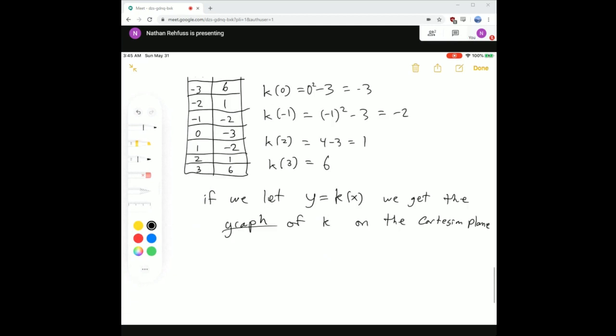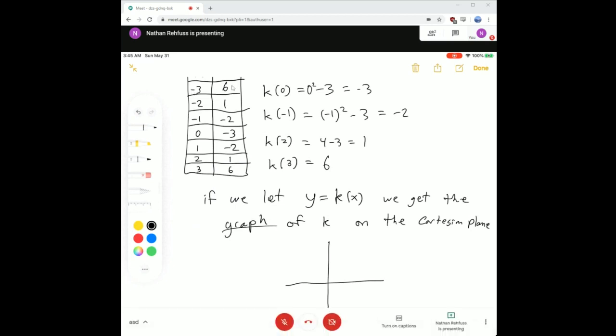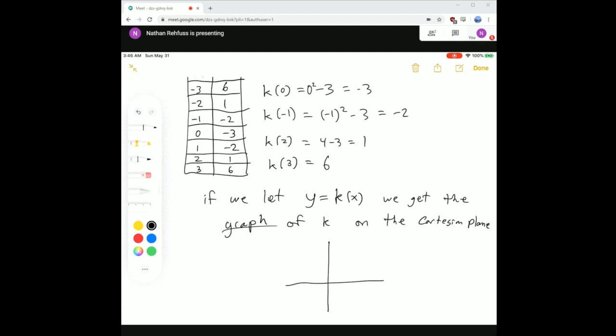So let me draw a Cartesian plane here. When x is -3, k of x equals 6. So this is going to be the x value and the y value, and I'm going to plot that on the plane. So here's -3, 1, 2, 3, and then up 6 points, 4, 5, 6.